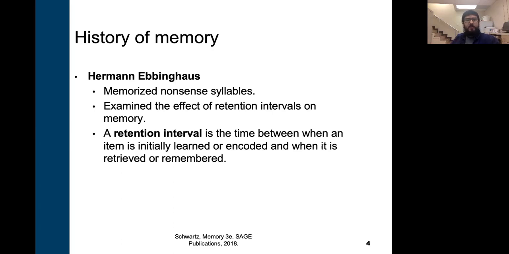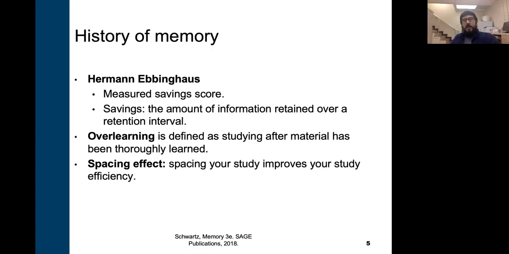But Ebbinghaus is one of those hallmark cognitive memory researchers that applied a more scientific approach to the study of memory. So there are certain things from Herbert Ebbinghaus that we can put forth in this class. For example, there is such a thing called overlearning.